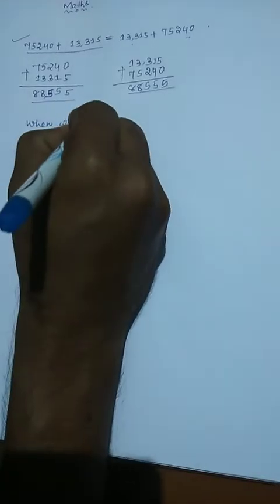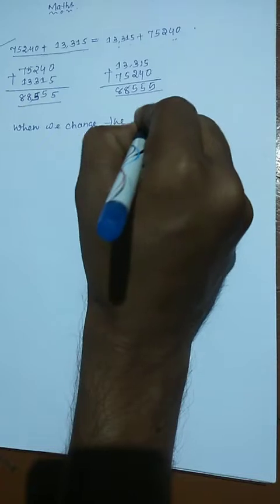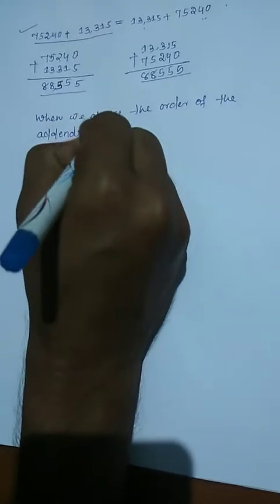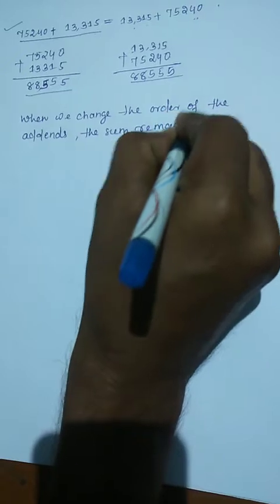So what we learn is that when we change the order of the addends, the sum remains the same.